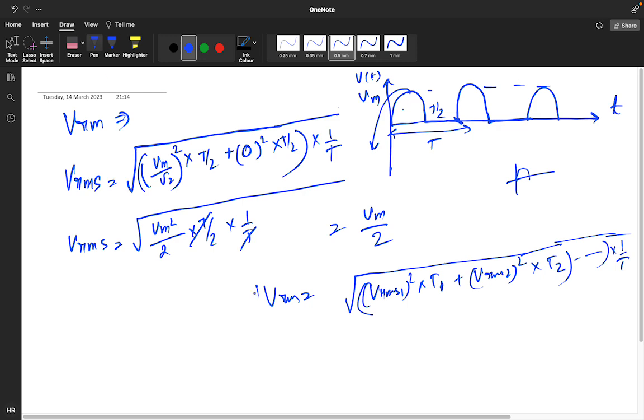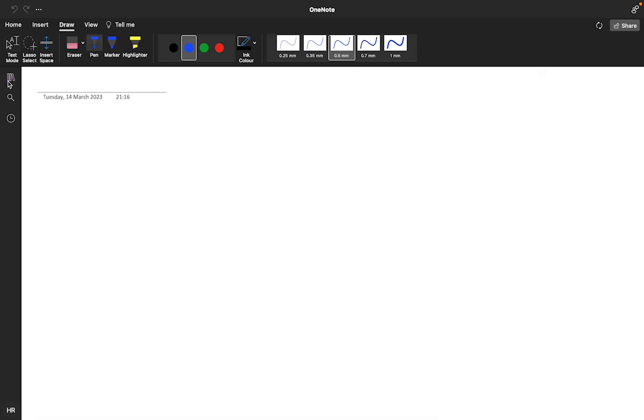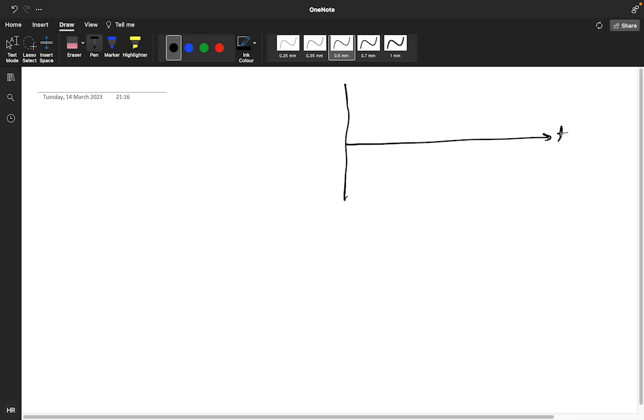Okay, if I give you one question, you have a signal like this, this is your time period, this is your V of T. If you have a signal like this, and from here you are getting something like this, a square wave is coming.